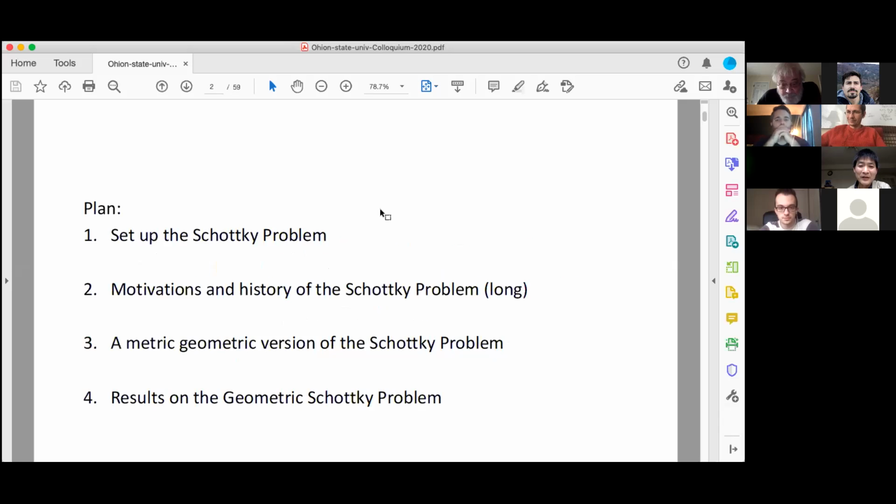Okay, so here's my plan. I'll set up the Schottky problem. Then I'll talk about motivation and the history of the Schottky problem. In preparing for this talk, I spent quite some time to search out the history and motivation, and this is quite amazing. I found several surprising things.